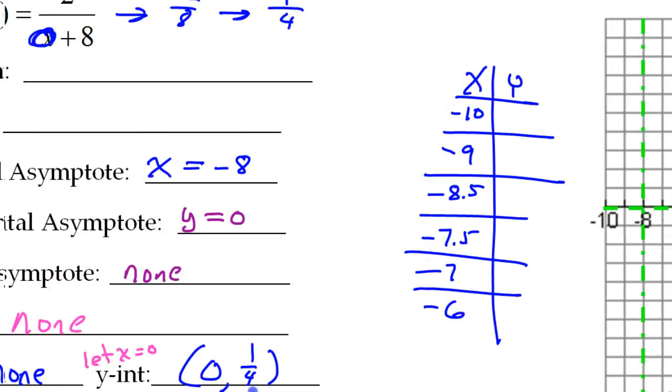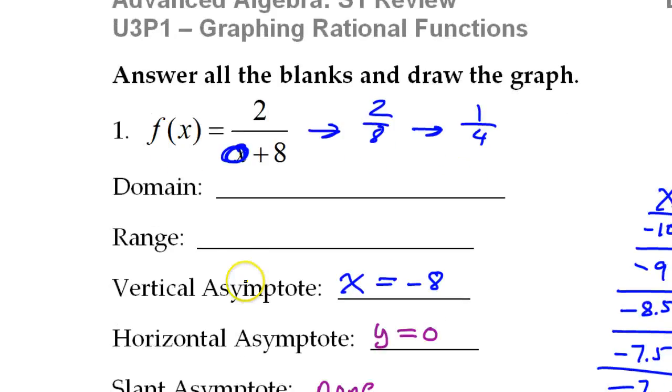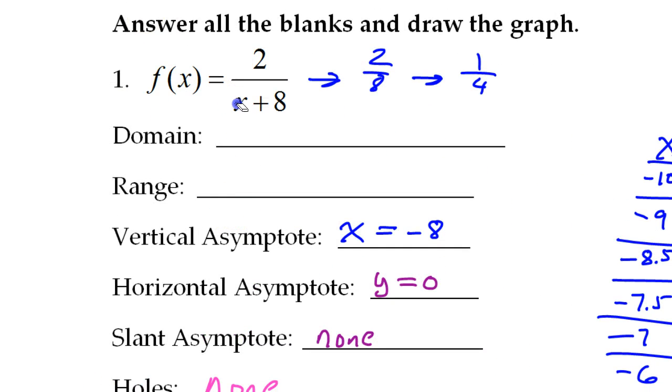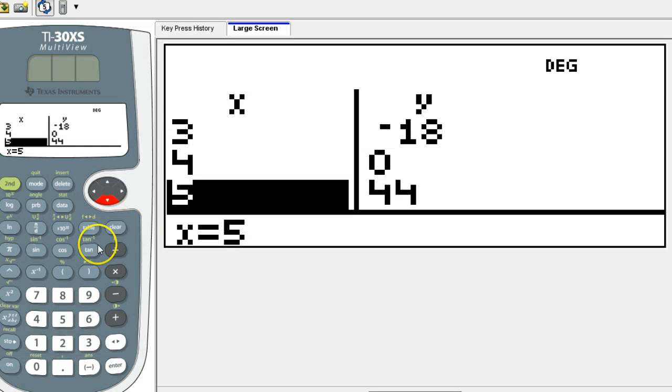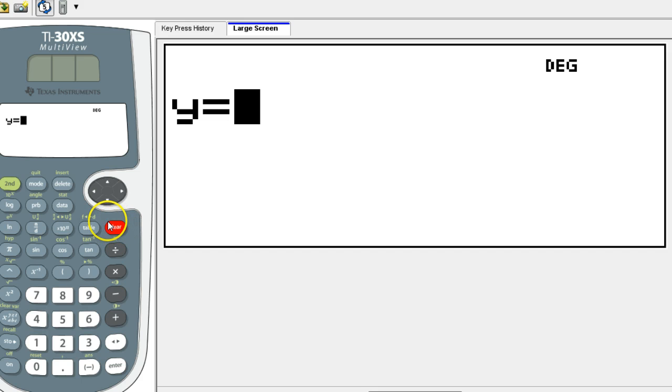Alright, to get these values, I am going to put the original function in my calculator. So 2 over x plus 8. This is the TI-30 XS MultiView. Let's quit out of this, get into table mode, and clear this out.